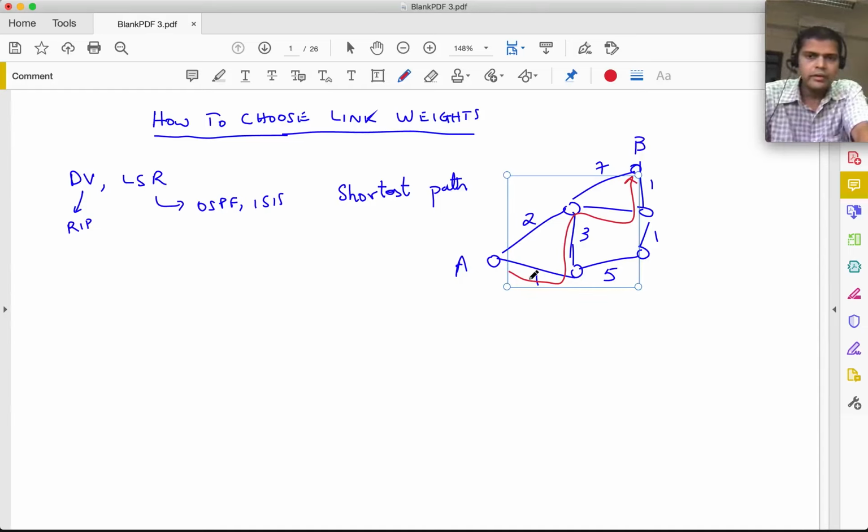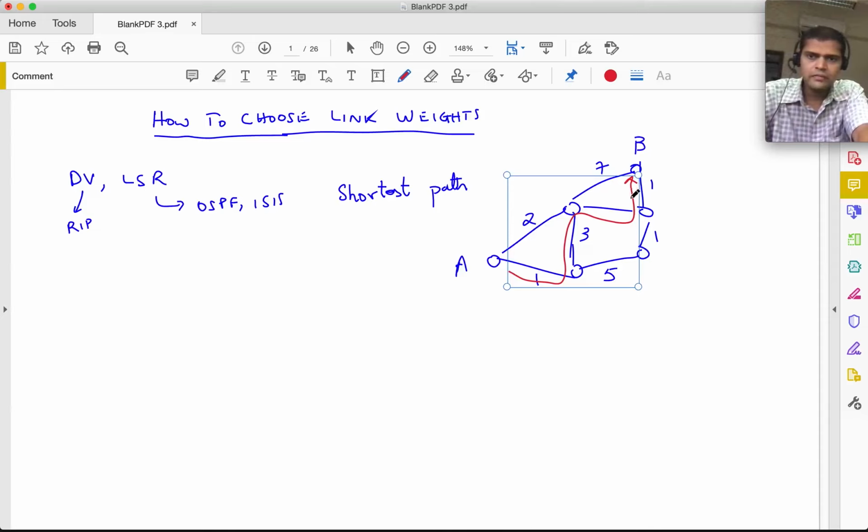You may have a situation where certain links are underutilized, not much data goes on them just because of the weight you set there, and most of the data goes along some other links where the link weights have been set very low. So what should we choose them to be?